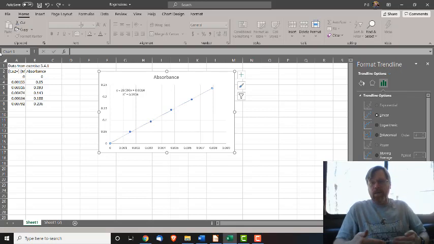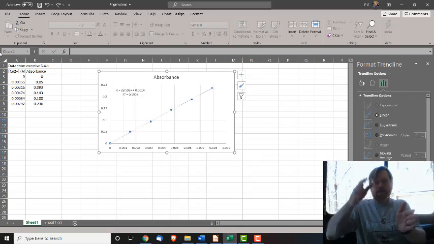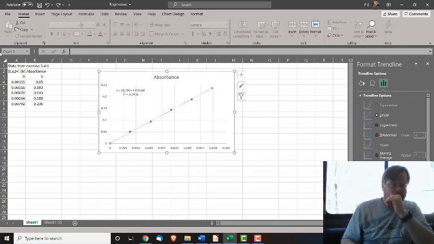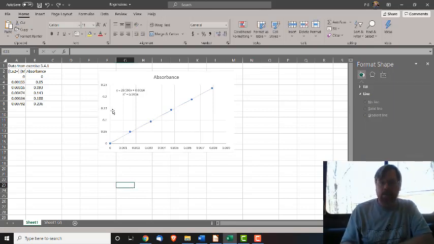Because the more you increase it, yes, you're forcing it to go right through those points, but it's doing all sorts of weird convoluted things in between to make that work. So in this case, a first order curve, a straight line, fits the data quite nicely. There's no reason to make the equation more complex, even though the r-squared value appears to be improving as I do that.